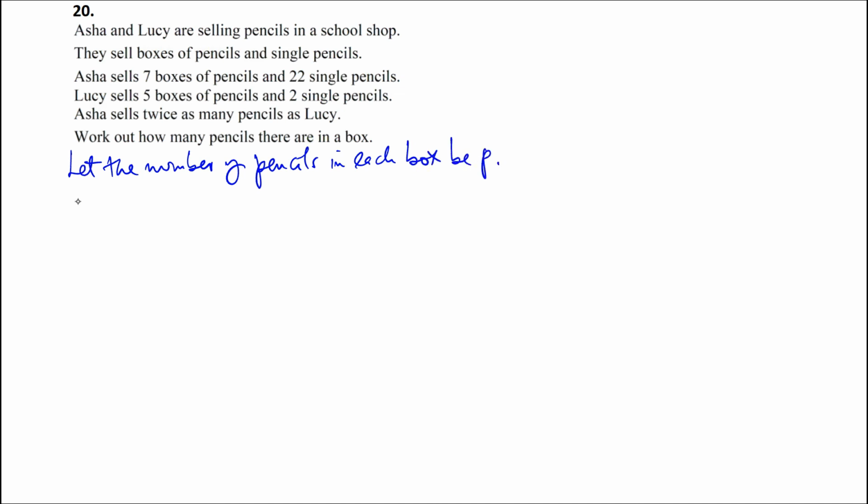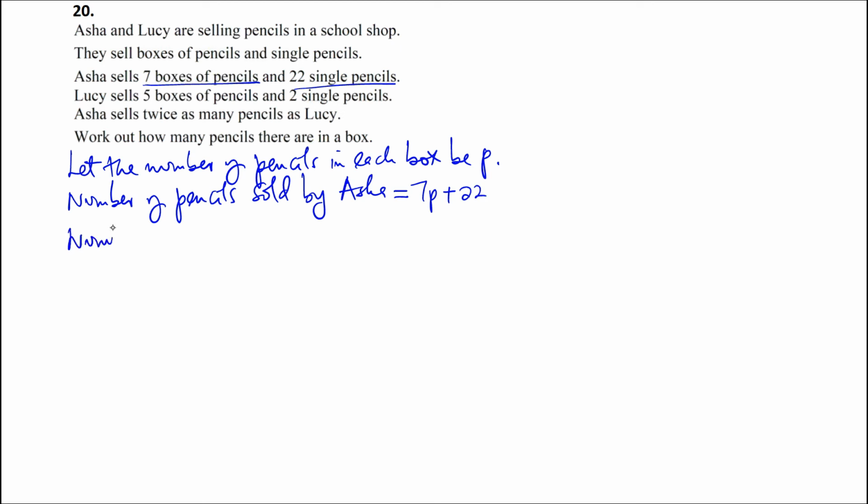And then we can go ahead and find the number of pencils sold by Asha in terms of P. So the number of pencils sold by Asha will be equal to 7 boxes of pencils, so 7P plus 22.